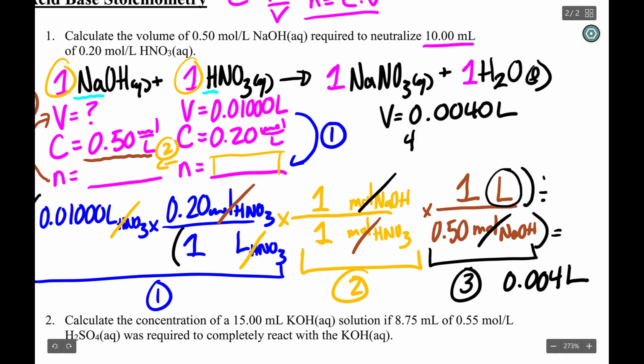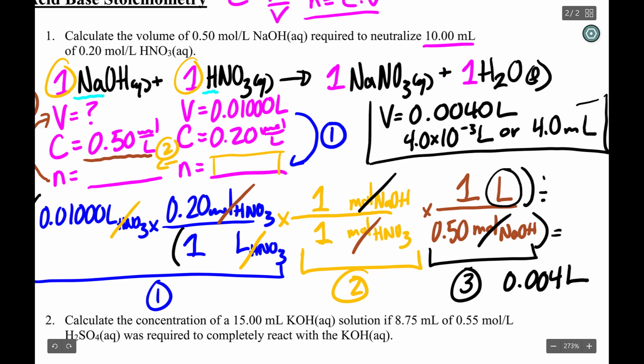I could say it's 4.0 times 10 to the negative 3 liters. Or I could say it's 4.0 milliliters. All of those mean the exact same thing. I'm just showing it in a different way, and they're all to 2 significant digits because 0.50 is 2, 0.20 is 2, the 10.00 is 4, so I want to use the lowest number of significant digits, which is 2.